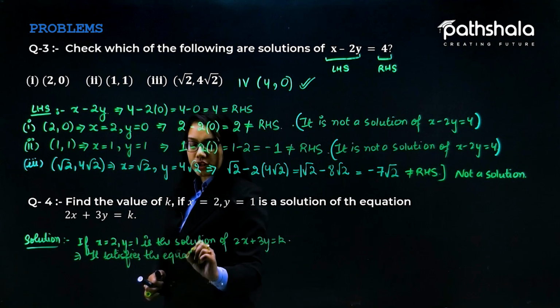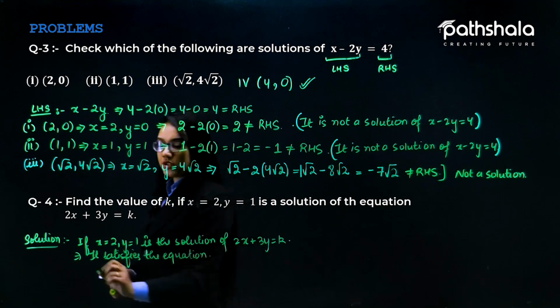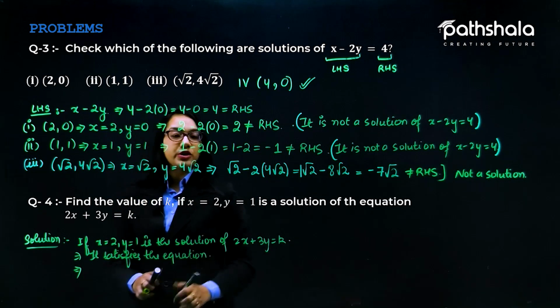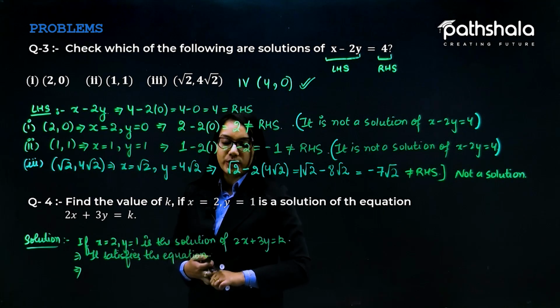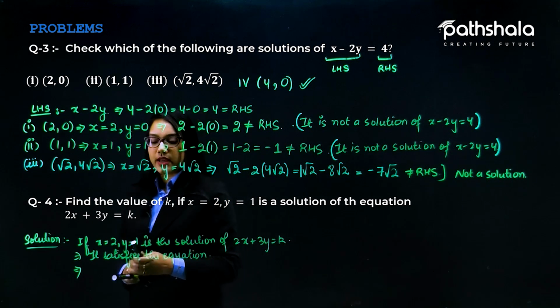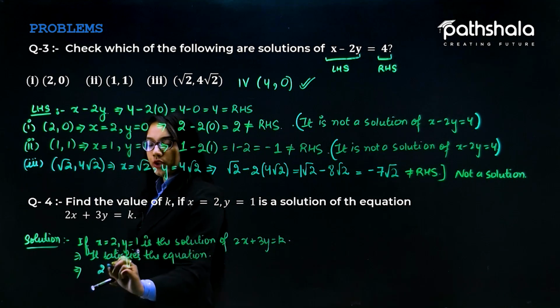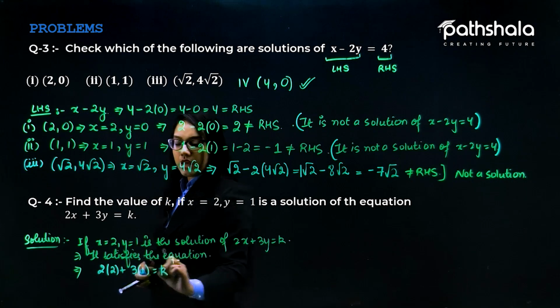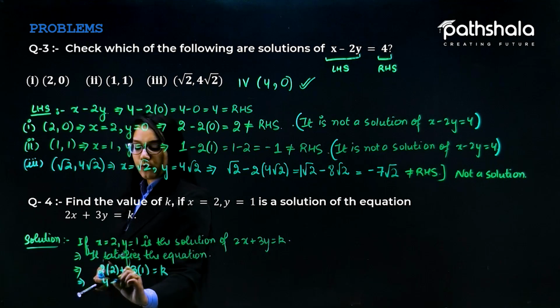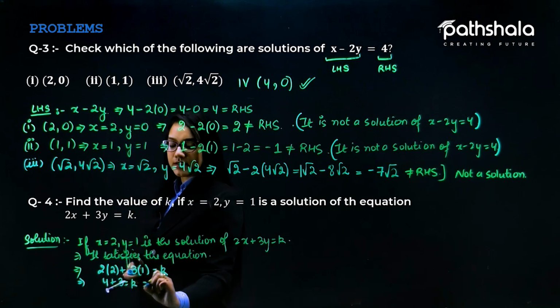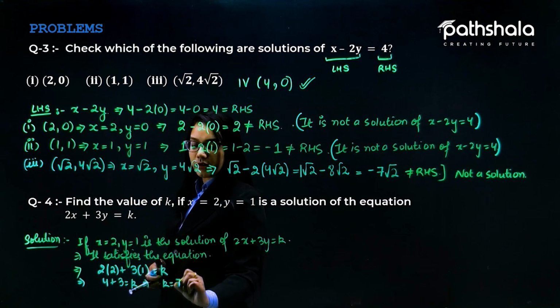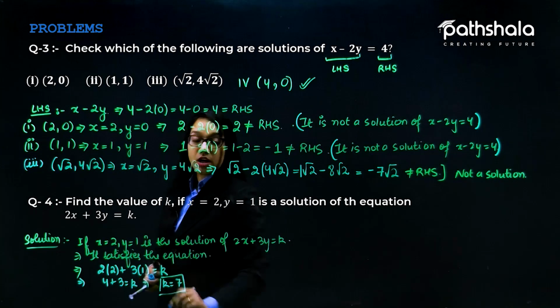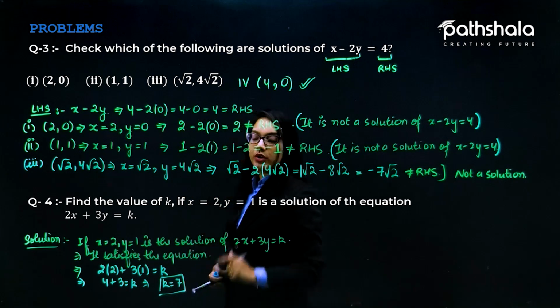If it is a solution, then it will definitely satisfy the equation, and then let's plug in all the values in the equation. X is 2, so we will get 2 into 2 plus 3 into 1 is equal to k. So 2 into 2 is 4 plus 3 is equal to k. Hence at the end we are getting k as 4 plus 3, which is 7. So k is equal to 7.